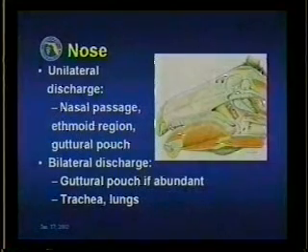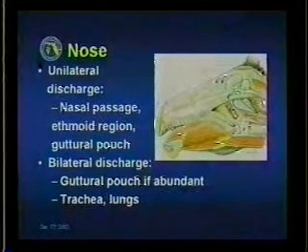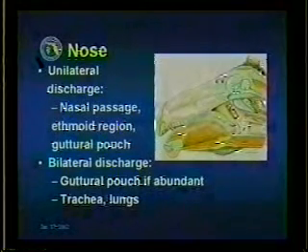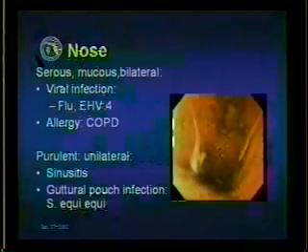The discharge may become bilateral if you're looking at a disease of the guttural pouches that is very productive, either with pus or blood, and in some cases the discharge will be bilateral if the lower respiratory tract is affected, whether you look at the trachea or the lungs. So any lower respiratory tract disease will most likely result in a bilateral discharge, whereas any upper respiratory tract disease will most likely result in a unilateral discharge, so coming from one nostril.